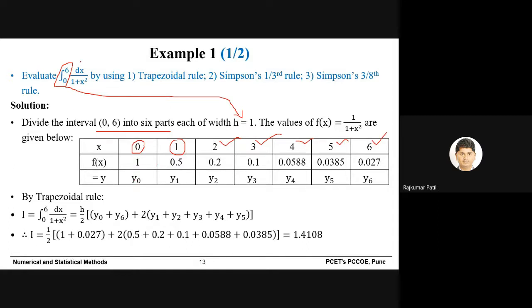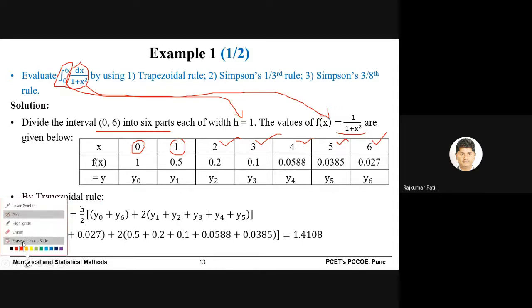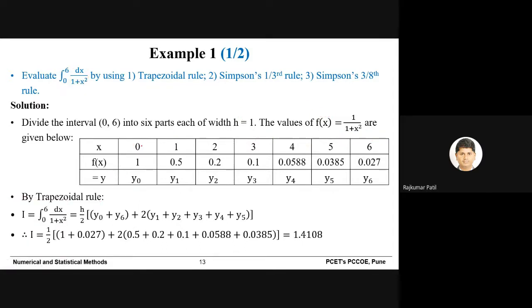Then inside the integration, whatever the equation is, that will be the function f of x. So f of x will be 1 upon 1 plus x square. You put x equal to 0 in this equation and simplify: 1 upon 1 plus 0 square. Upon simplification you will get f of x as 1.